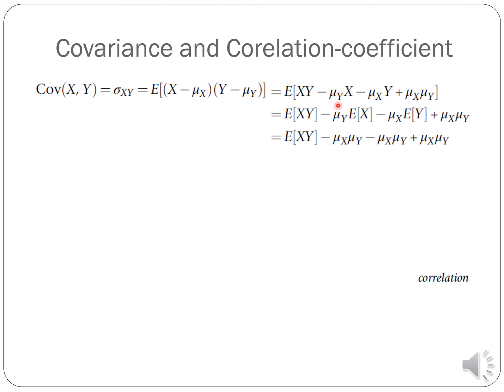So the mu y will be out of the expectation operator. So the expectation operator will only operate on x. Anyway, we can rewrite this expression in this way, and we can finally see that two terms will be cancelled out, and finally we will get the answer expected value of xy minus mu x into mu y. So that is the covariance.